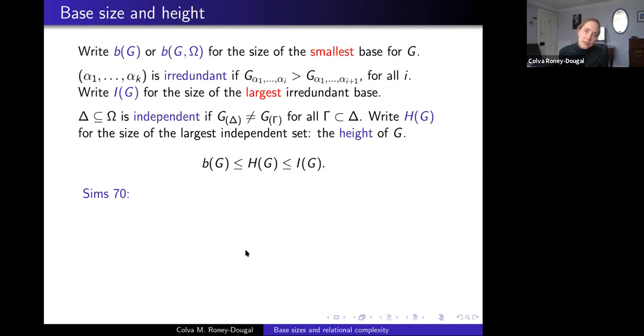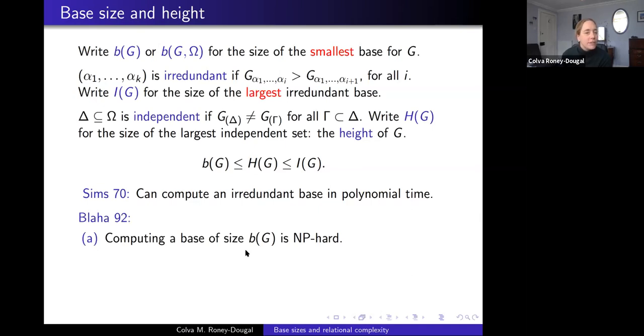Let me give a couple of other things about base size. So pulling over to computational things here. Charles Sims is really the person that made us all realize how important bases are. He proved back in 1970 that you can compute an irredundant base in polynomial time. So on input some collection of permutations, I can compute an irredundant base in poly time.